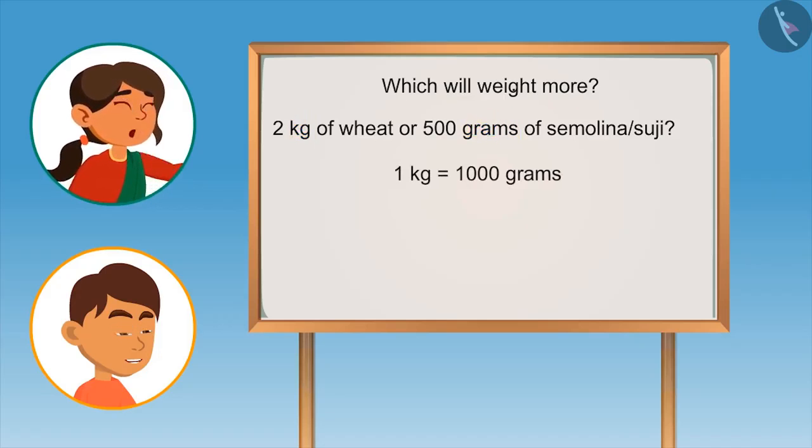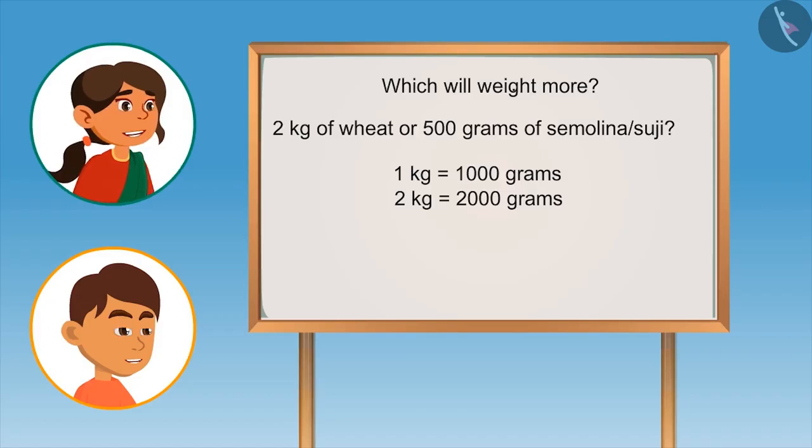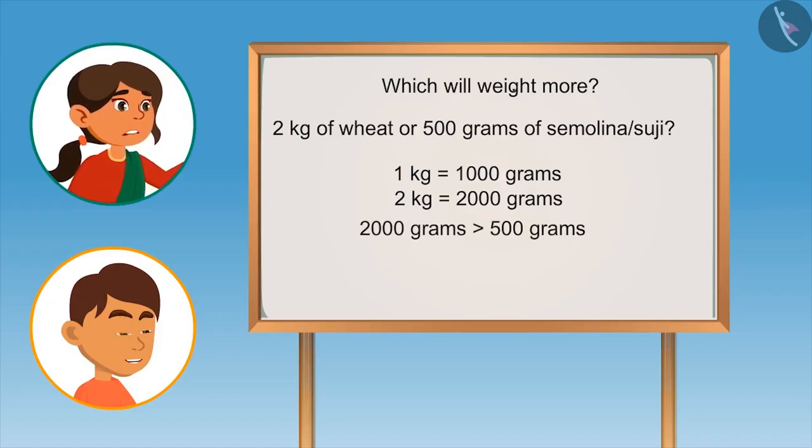1 kg means 1000 grams. So 2 kgs would be equal to 2000 grams. Right. Now units of both are same, 2000 grams and 500 grams. So wheat will weigh more because 2000 grams is greater than 500 grams.